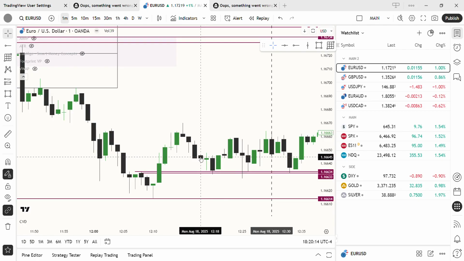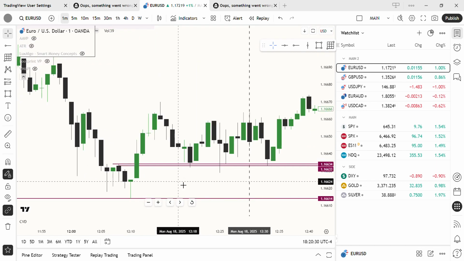Price creates a new low, tries to come up. Yeah, we broke structure up, but my rule is if it breaks structure back down during trying to retrace into this order block, then we don't take the trade.